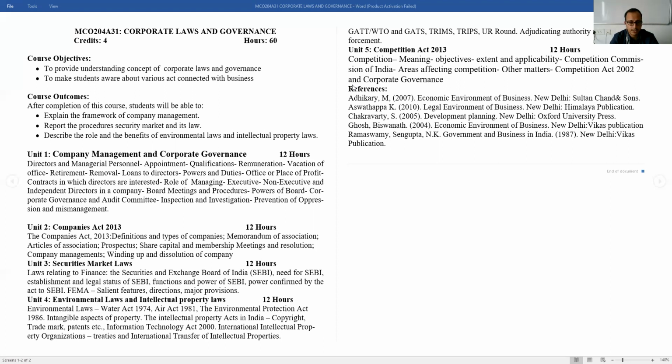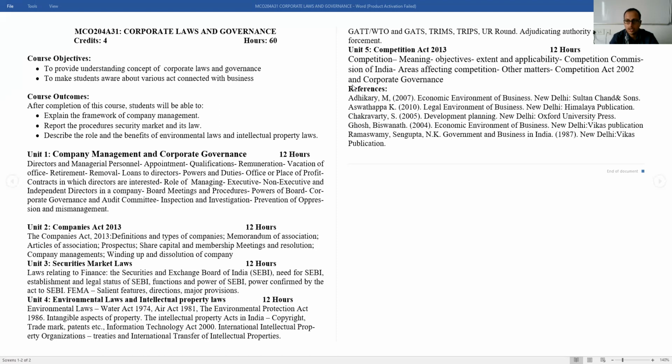Again the GATT agreement, WTO agreements, then TRIMS, TRIPS, UR round. So these are various laws and agencies working in the international scenario.